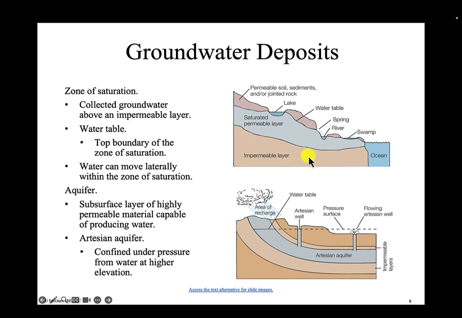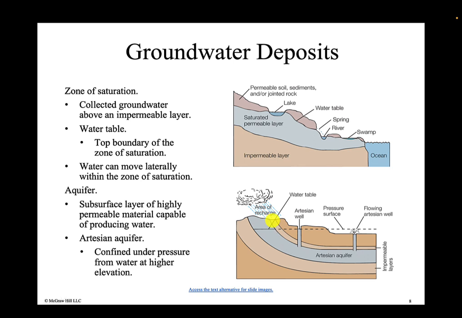We also have another type of layer called the water table, which is the topmost boundary of the zone of saturation between those sediments, those materials. Here the water will eventually form this body of water that we call an aquifer.